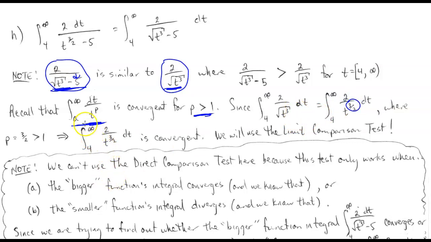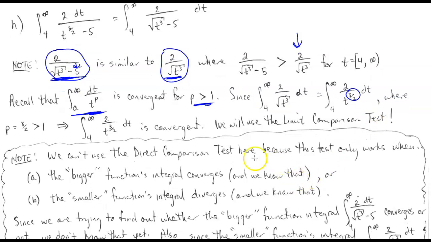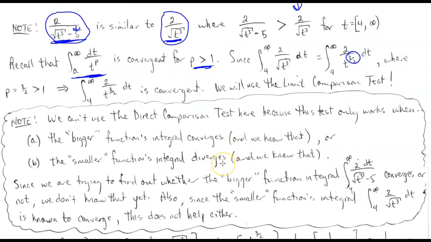So we know that in this case our smaller function, remember this is the smaller function, has a corresponding improper integral that is going to be convergent. Because of that, we are going to use the limit comparison test. I'll write this out just to make sure that it's clear.